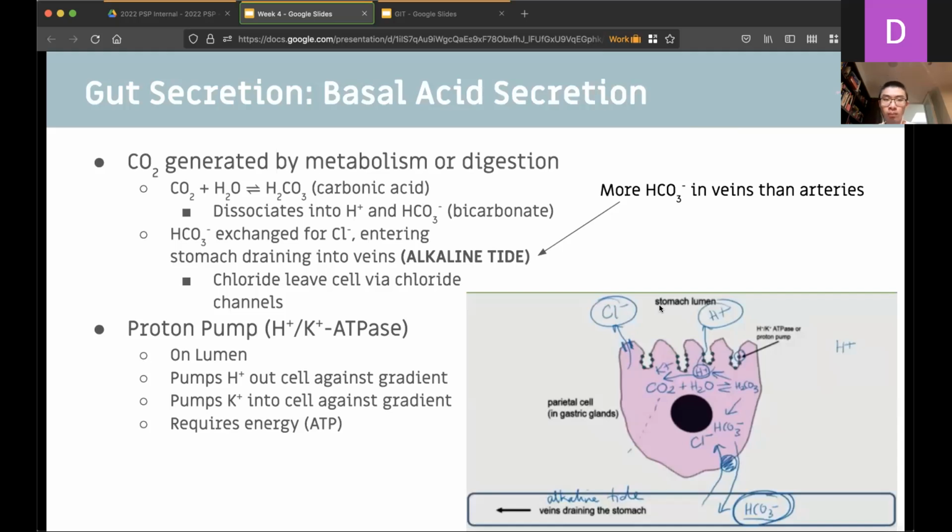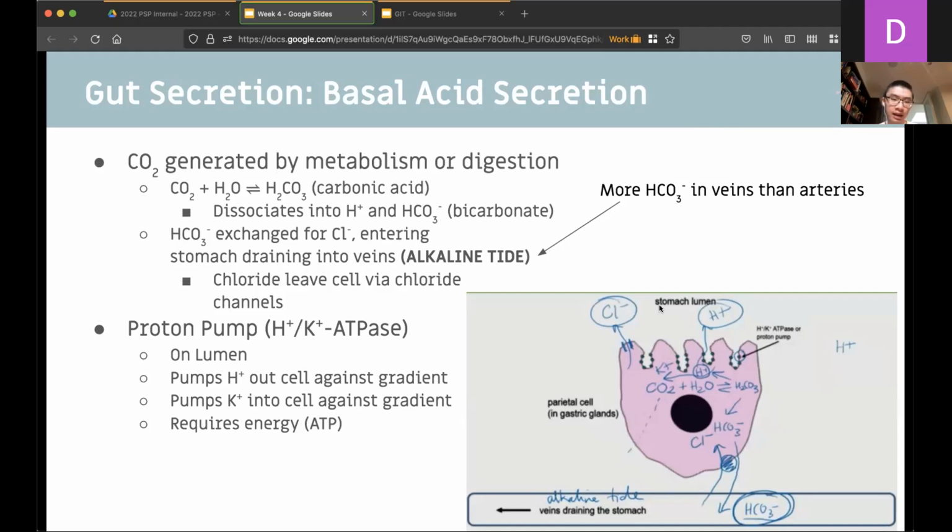Normally your gut secretes acid at a baseline level known as basal acid secretion. Essentially, you have carbon dioxide, which is generated either by metabolism or digestion in your stomach. It comes into your parietal cells, where in the presence of water it converts to carbonic acid, which dissociates into hydrogen ions and bicarbonate.